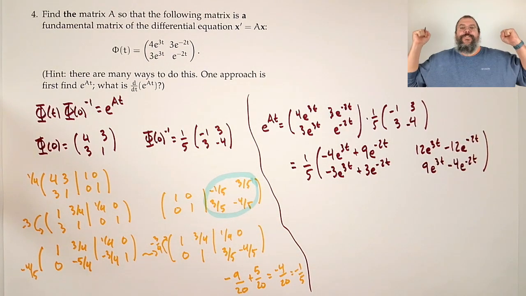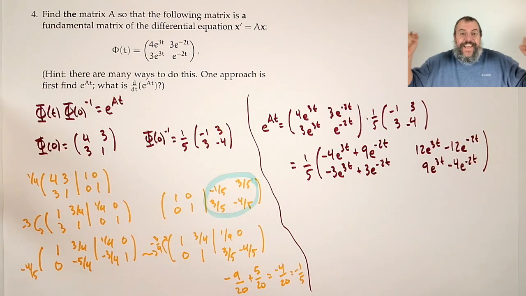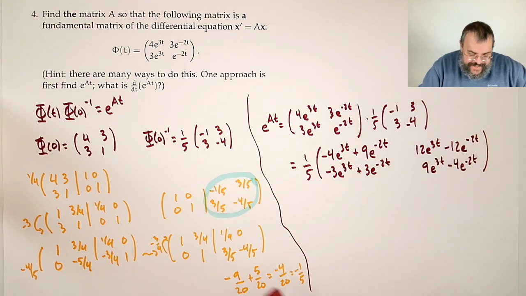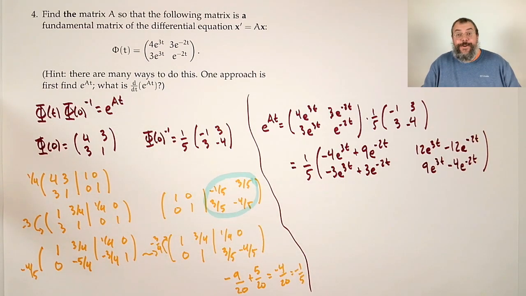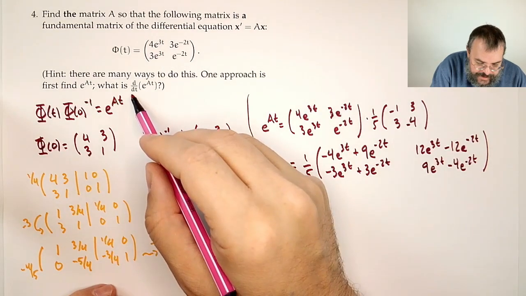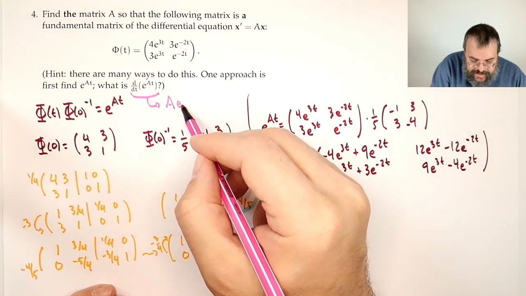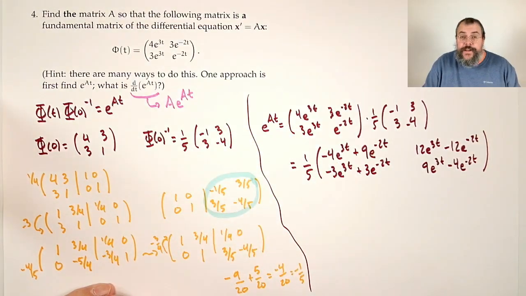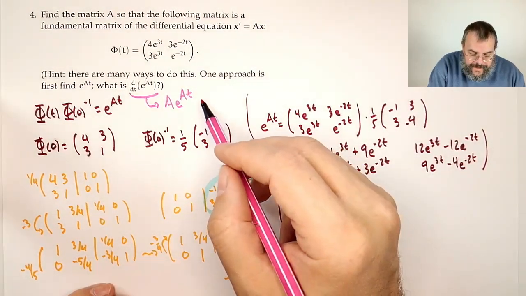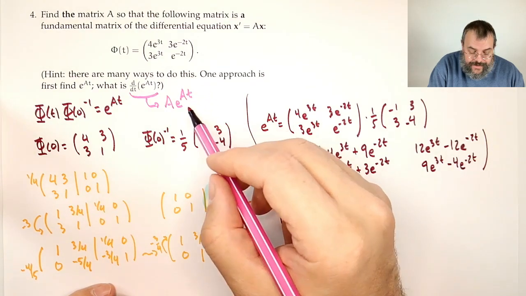All right, we've done it. We found e to the at. And then there's this mysterious question. What is the derivative of e to the at? Well, that's actually, we talked about that. That's a e to the at. Now, why do we care? Plug in t equals 0.